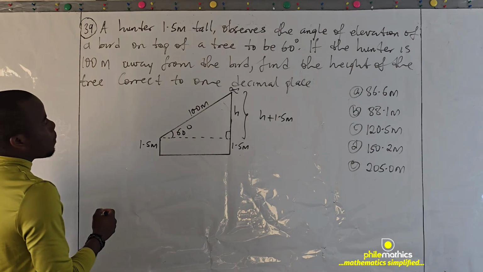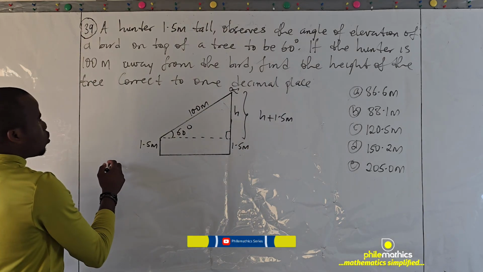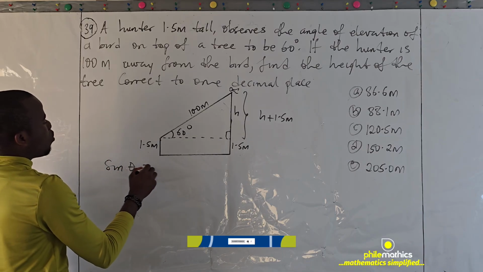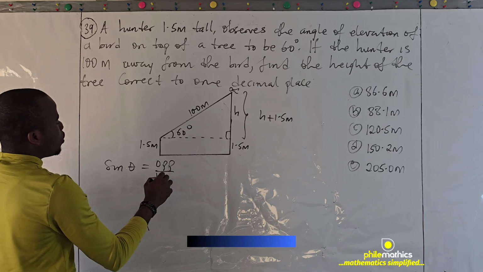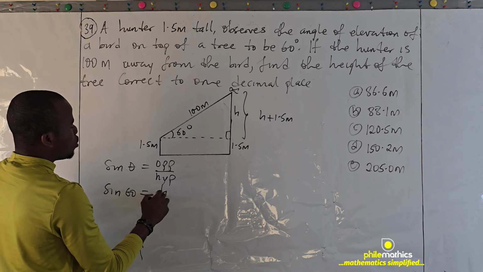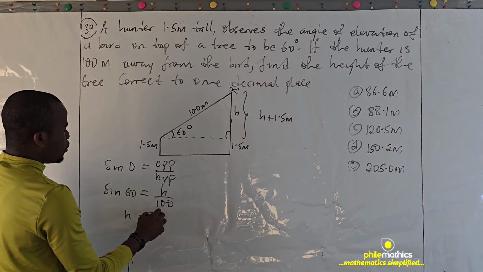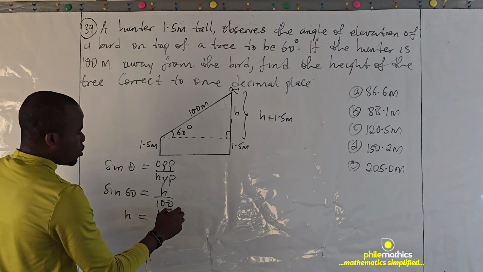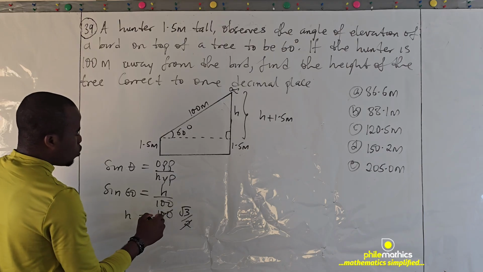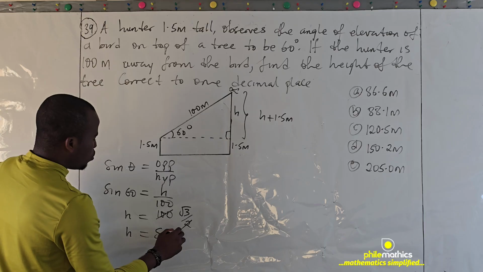And so we'll use opposite over hypotenuse, which is sine theta equals opposite over hypotenuse. Sine 60 is h over 100, and h is 100 sine 60. Sine 60 is root 3 over 2, and 2 can go into 100 50 times, so h is 50 root 3.